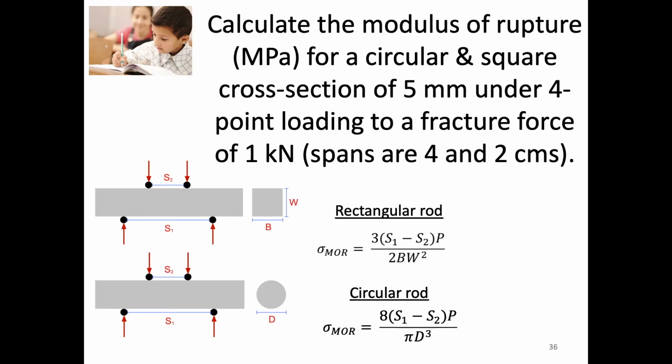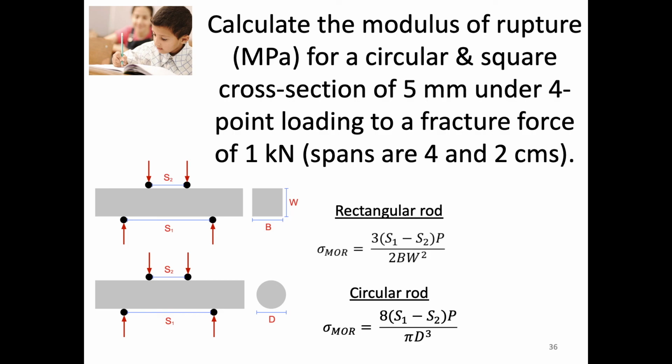All right, so now I want you to get familiar with these equations, and the calculation of this modulus of rupture, which is just, again, a strength. And so let's say that I have a circular or square cross-section. Either way, the diameter or the side length is 5 millimeters.